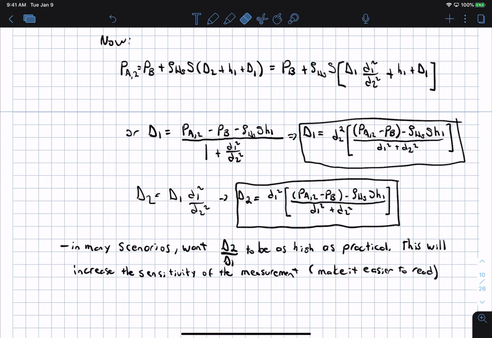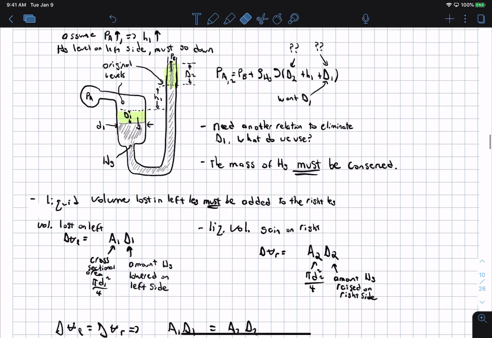So essentially what they did back in the day is they would use a manometer like this, and to make it very sensitive so that you can very easily see if there's a change of pressure, they would make the cross-sectional area here large and the cross-sectional area here small.